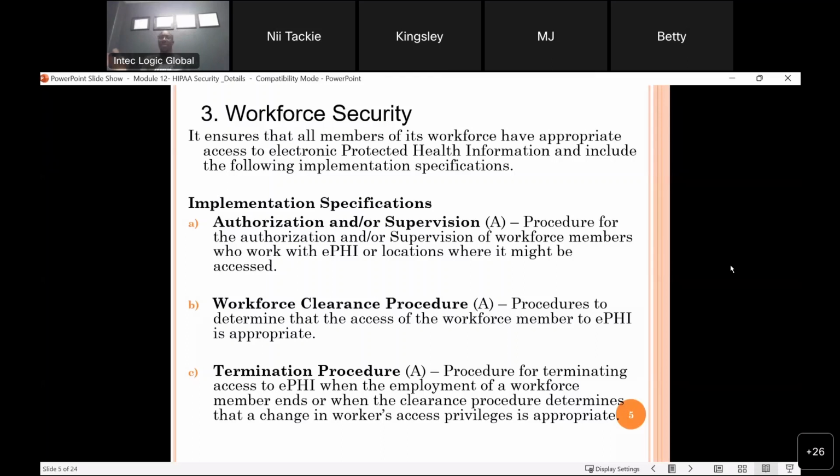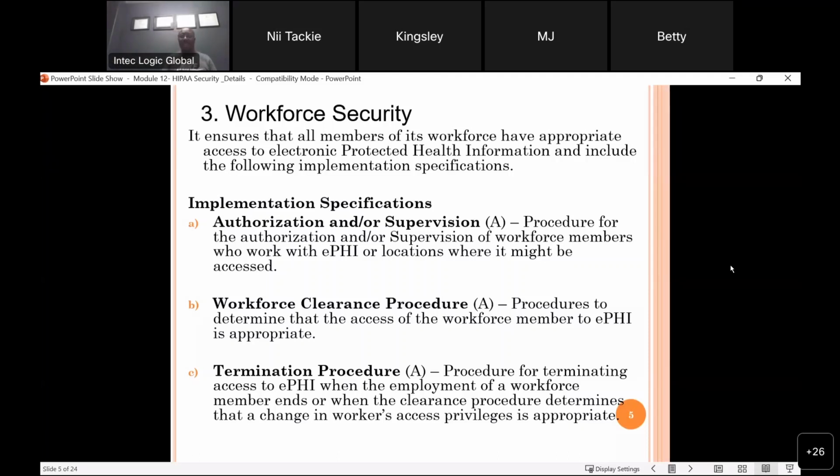That's what we call role access. If you are a front desk, you should have a specific role that determines the type of PHI you should access. If you are a doctor, you should have a specific role. You are a nurse, you are a cleaner. There has to be, so that people are authorized to see the right information based on their role.